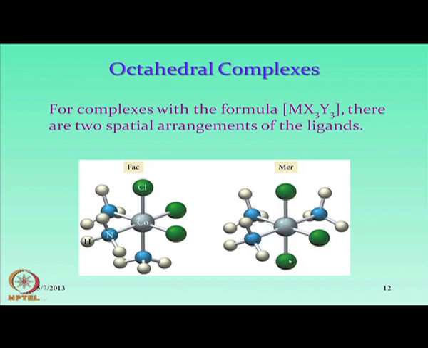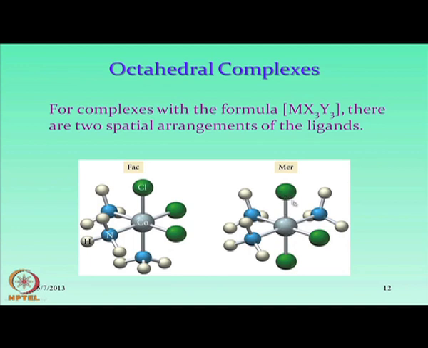spanning the corresponding meridian of the sphere. The meridian of the sphere is occupied by 3 chloride groups as well as 3 NH3 groups, and in the case of the facial isomer all the Cl-Co-Cl bond angles are 90 degrees. In the other case, of the corresponding Cl-Co-Cl angles, 2 of them are 90 degrees, but at least one of them is 180 degrees, that means they are trans to each other.